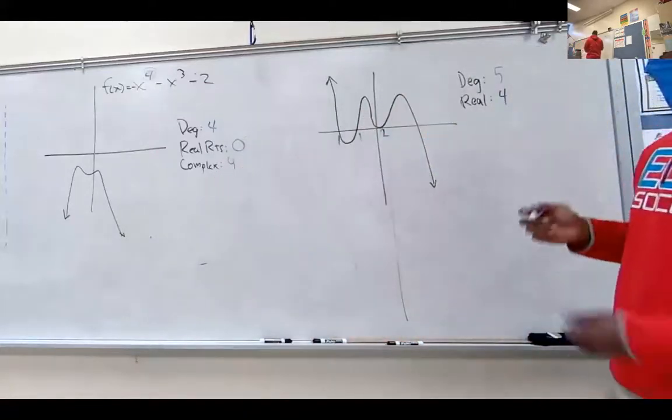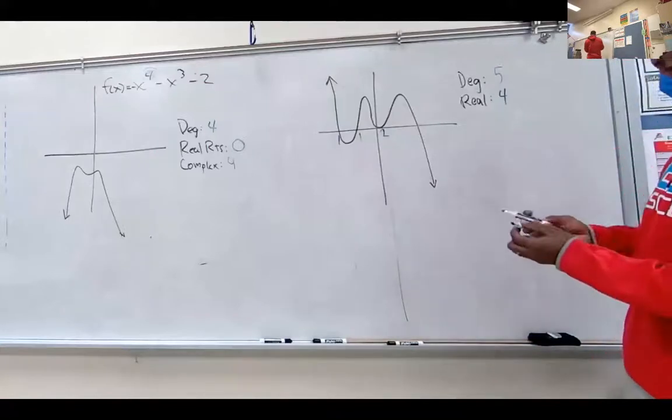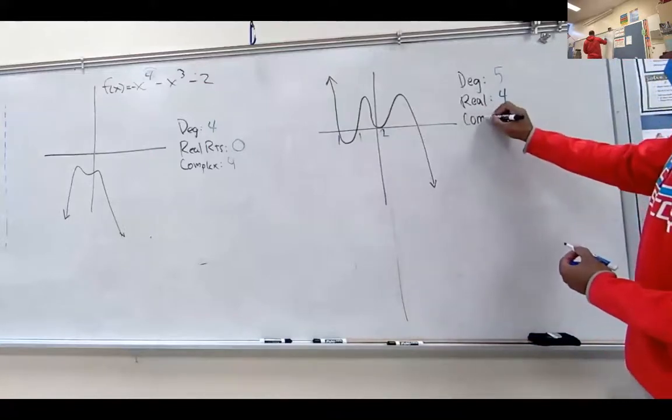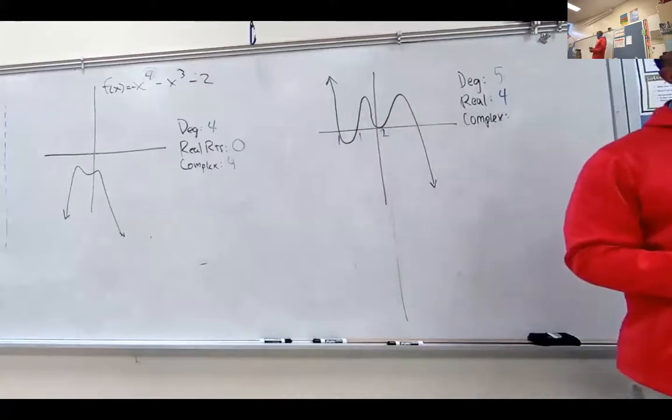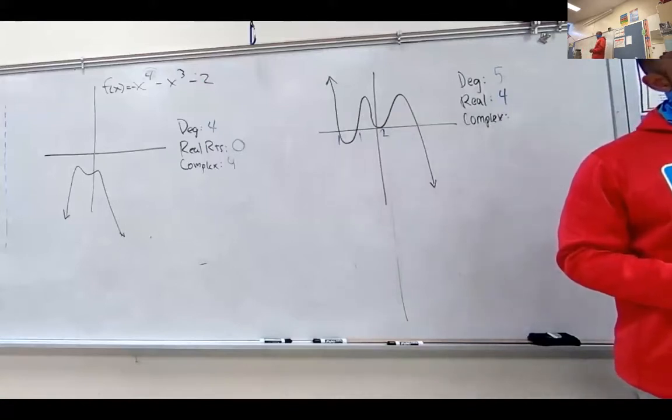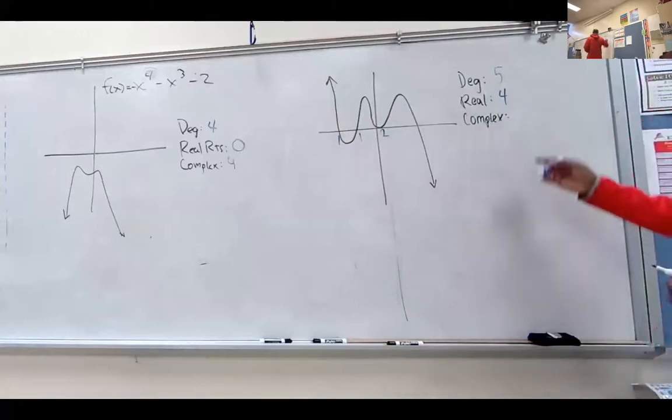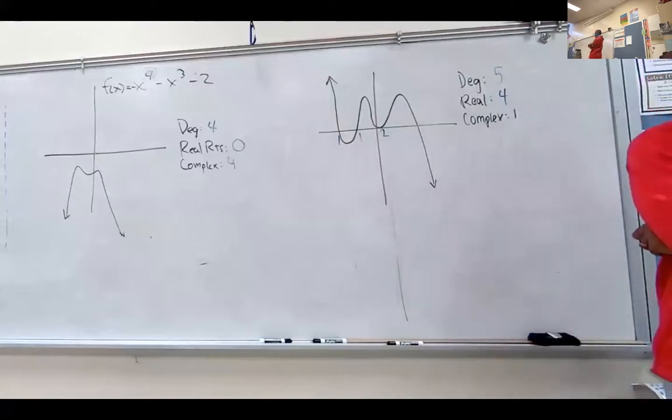Now, here's the dilemma with this one. Complex. Okay, how many complex roots do we have? 1. The issue with that is that complex roots come in pairs.